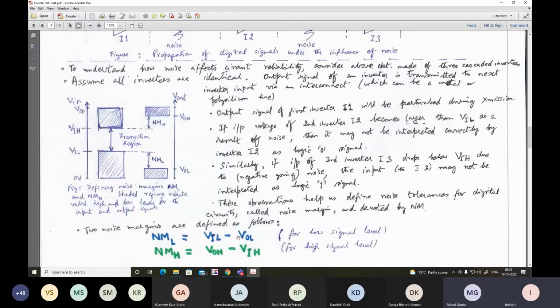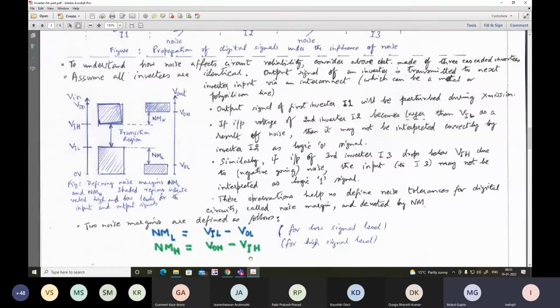And NMH, on the other hand, tells us how much noise effect can be tolerated when the output is affected by a negative going noise. So it can go down from VOH to VIH, but no further. This is for the high signal level and that for the low signal level. NML is defined as VIL minus VOL and NMH is defined as VOH minus VIH.